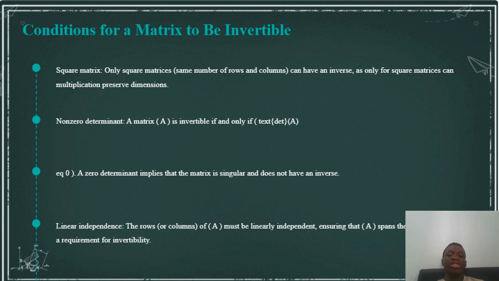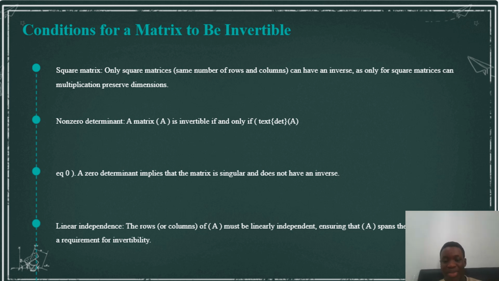2. Non-zero determinant. A matrix A is invertible if and only if the determinant is not equal to 0. If the determinant of a matrix is equal to 0, it cannot be inverted, meaning that it is a singular matrix. Singular matrices cannot be inverted.